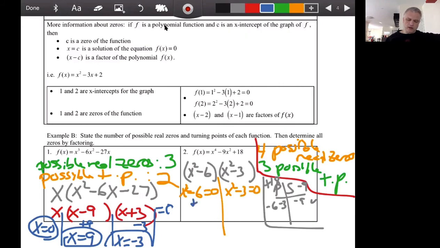Well, I would add 6 to both sides here. I get x squared equals 6. We don't want to have squared, so let's square root both sides. Every time that you square root both sides, you have to have a plus minus in your answer. So x equals plus or minus root 6. So positive root 6 is a 0, negative root 6 is a 0.